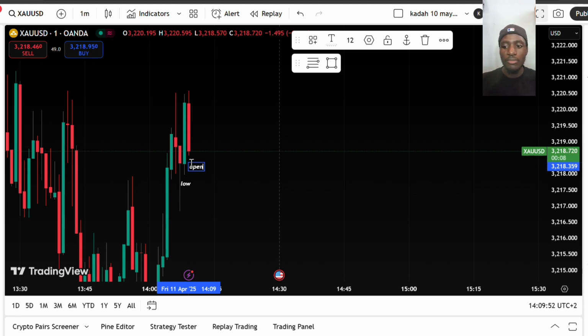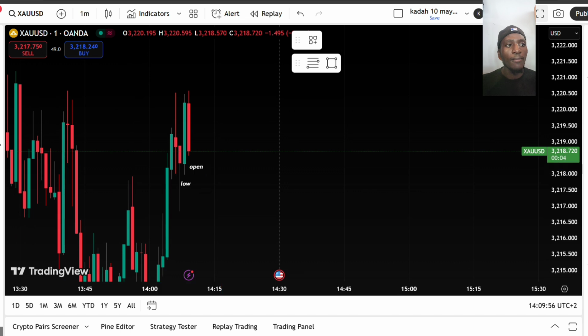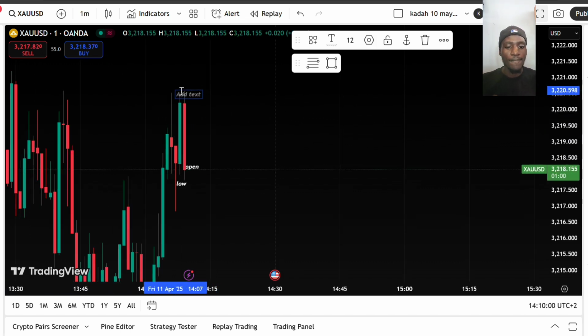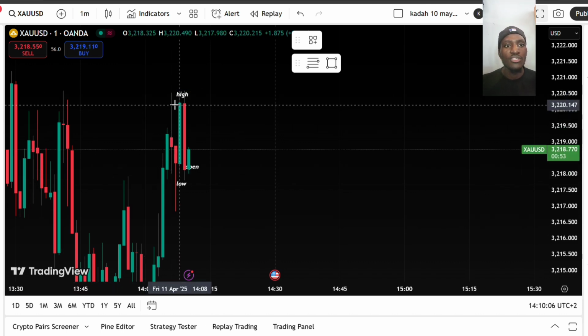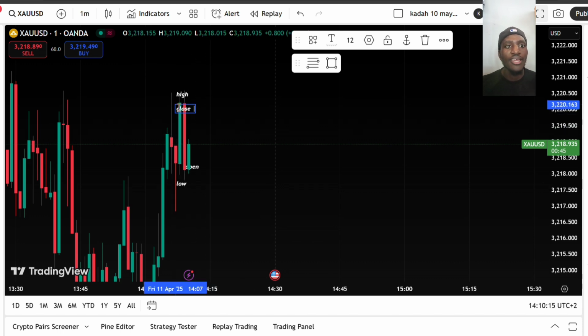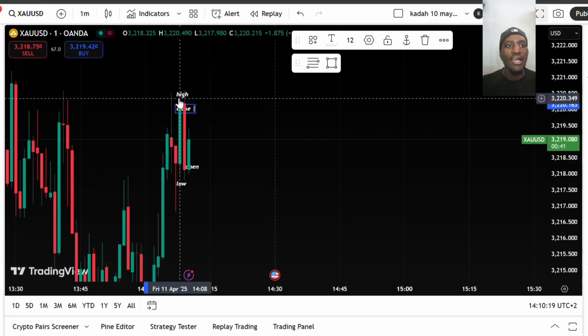This was the open. The high. This was actually the highest part of the candle. And this was the candle close. This is where it closed. Okay, the candle close. So we've got the open, we've got the low, we've got the high, we've got the close.